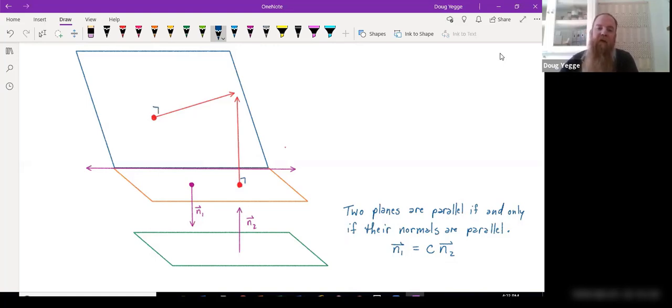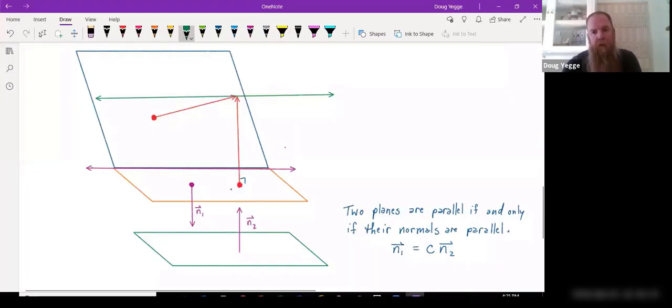Well, what we would notice is when we look at the line of intersection of the two planes, since the line of intersection is on each of the planes, we should also realize that it will be perpendicular to each normal vector.